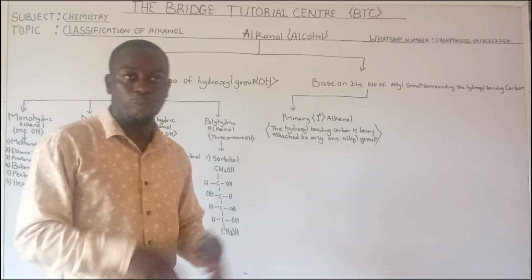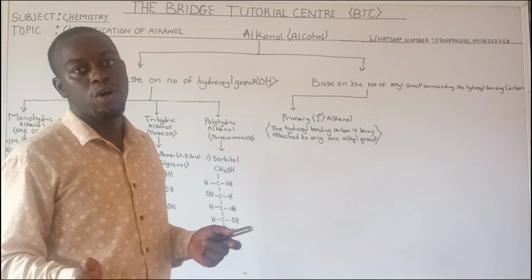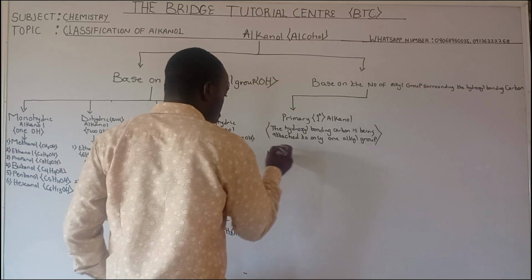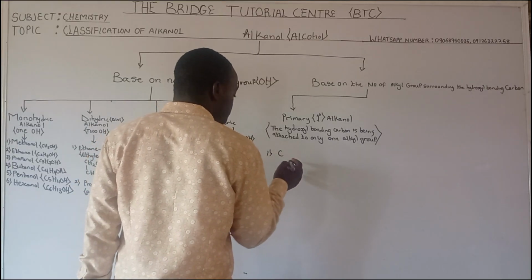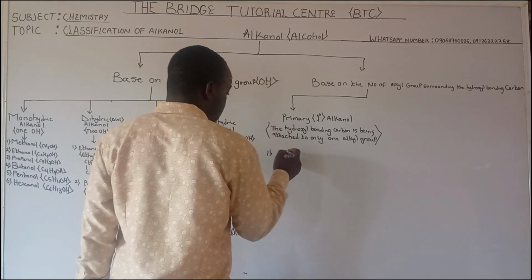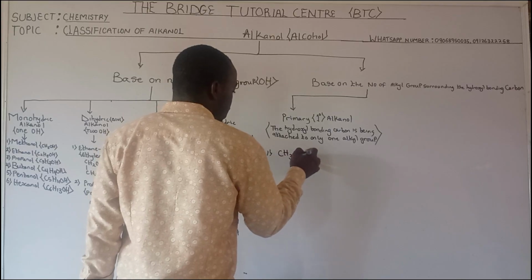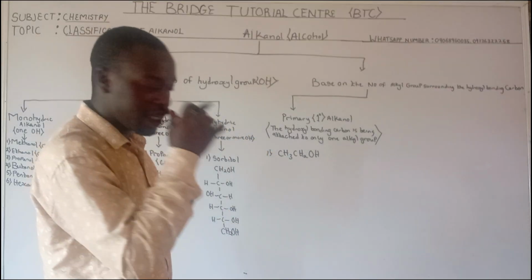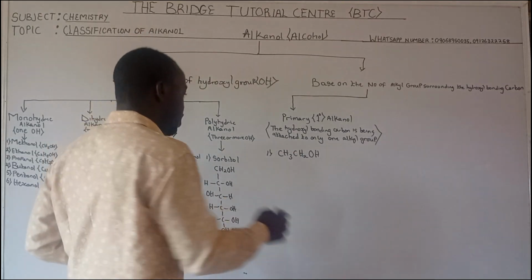So a typical example is our common alkanol. Let me start from the first example. We have the ethanol, which is CH3CH2OH. So let me separate it.